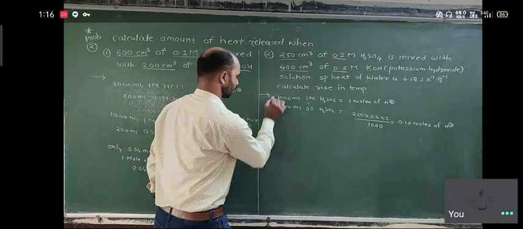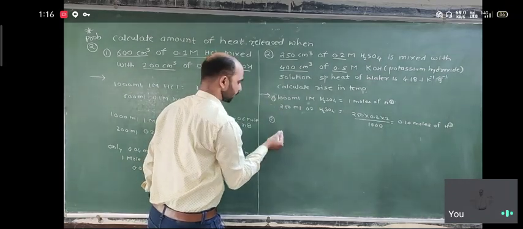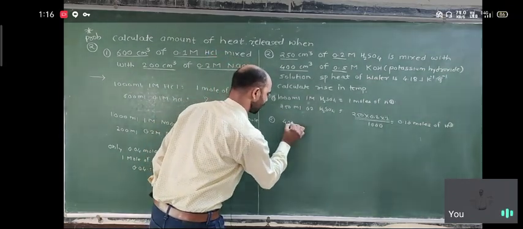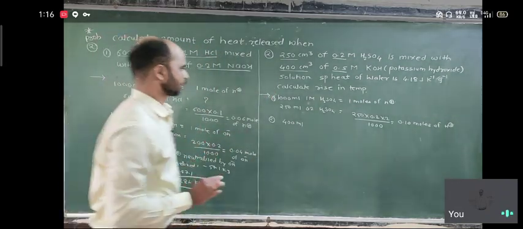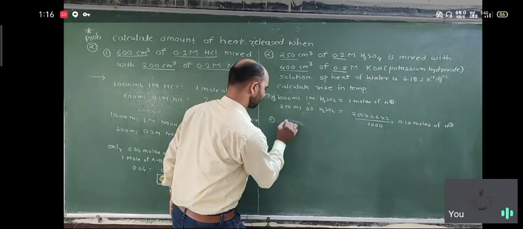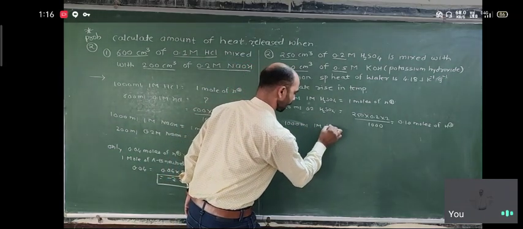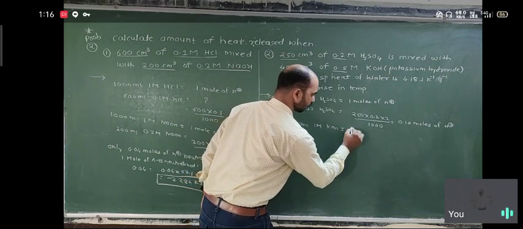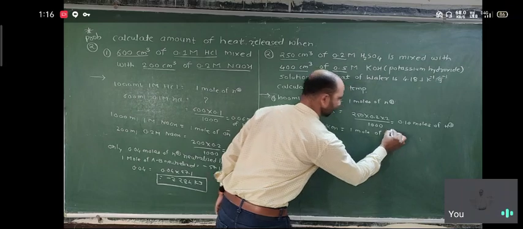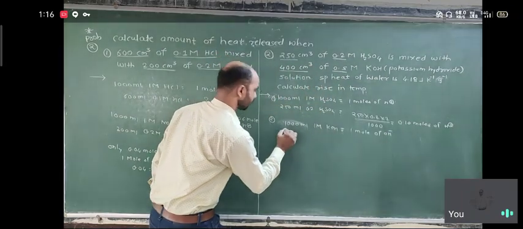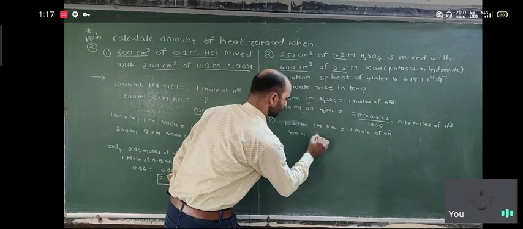That is the first. The second is 400 ml KOH. You can use ml or centimeter cube, both are the same. For 1000 ml, 1 molar KOH is equal to 1 mole of OH minus ion, but here the volume is 400 ml and the concentration is 0.5.